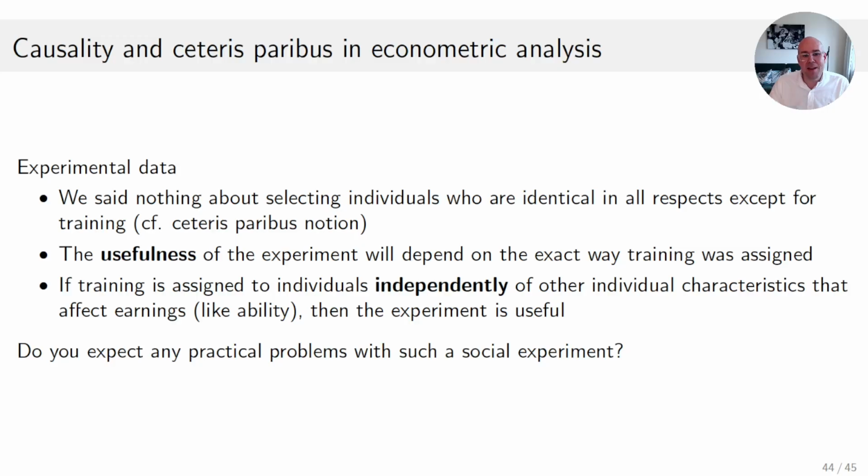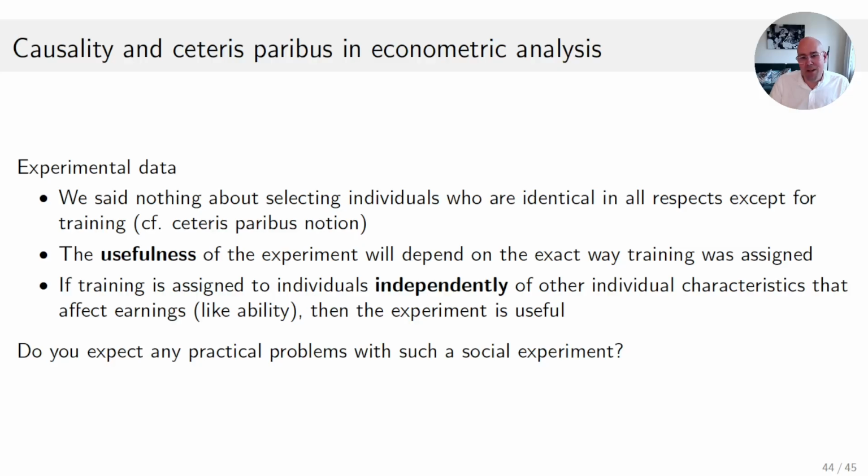So the key thing here, and this is the third bullet point, is that if training is assigned to individuals independently of other individual characteristics that affect earnings, like ability, then the experiment is useful. So we really randomize when we do the experiment.